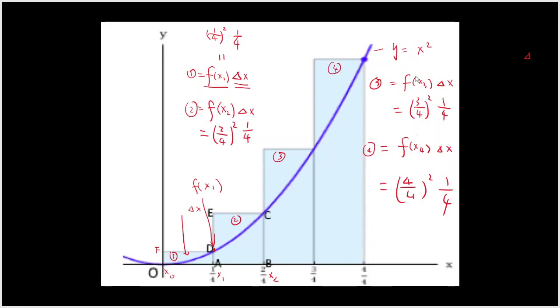So we have seen the areas of the 4 rectangles, right? I want to repeat the idea. If we divide the interval from 0 to 1 into 4 sub-intervals, then we're going to approximate the area of the curved triangle using the total of the areas of the 4 rectangles.